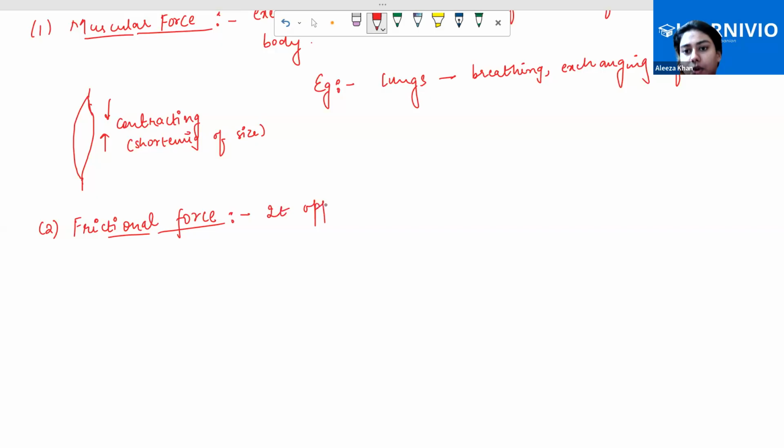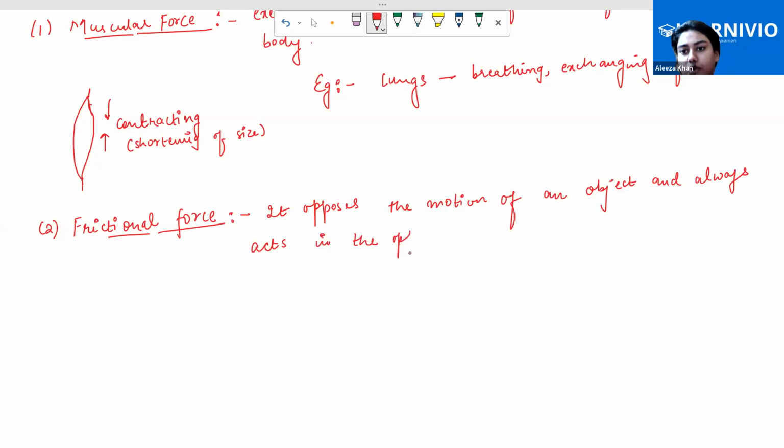It opposes the motion of an object, and always acts in the opposite direction to motion.